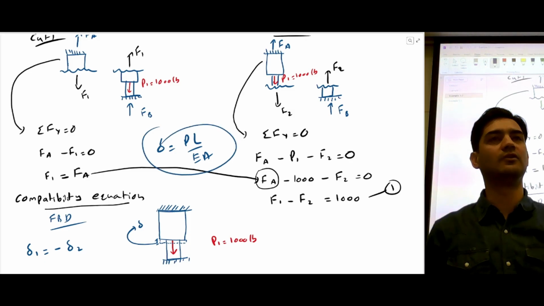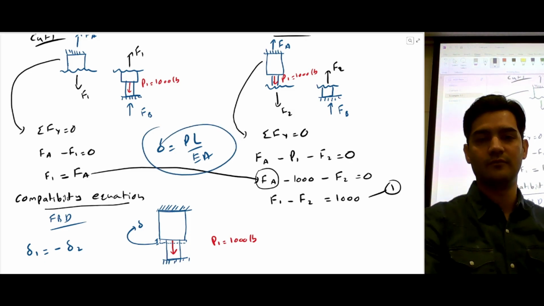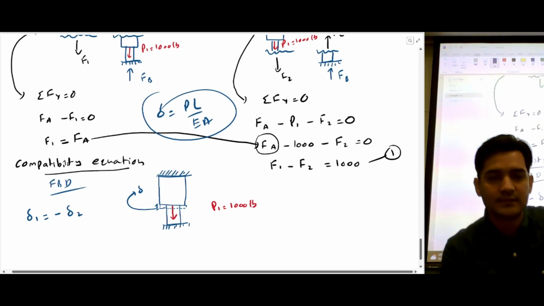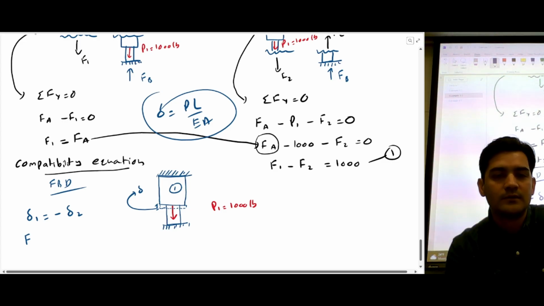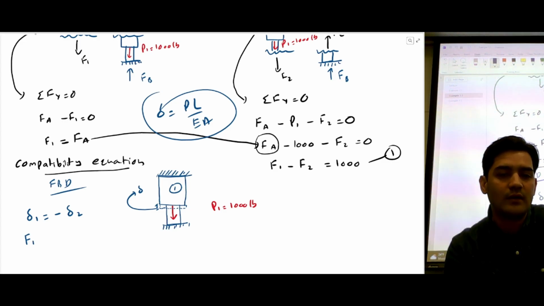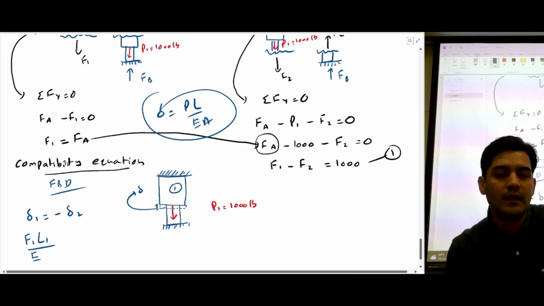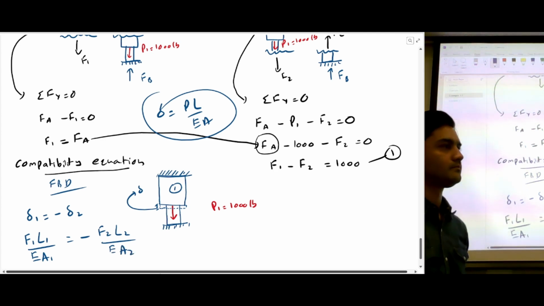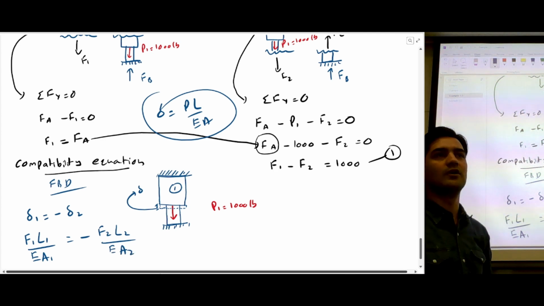That's the formula for the elongation we determined before. So in this case, for cylinder 1, the internal load is F1, so delta 1 is F1 L1 over EA1, and delta 2 is F2 L2 over EA2. So this equation is called the compatibility equation.